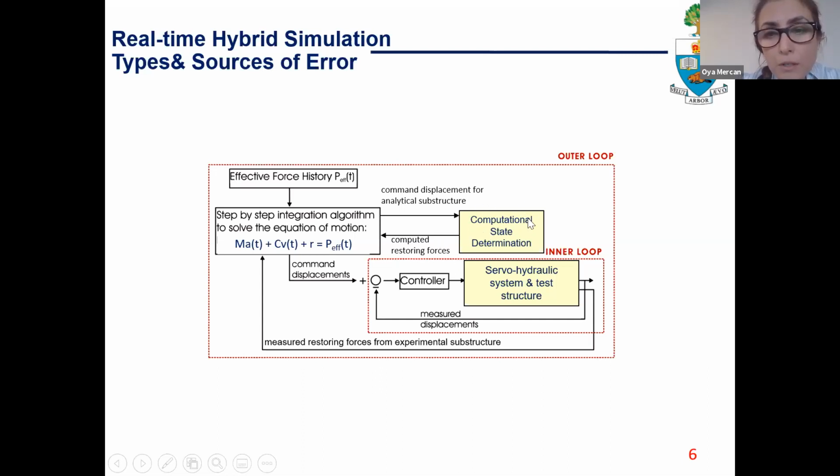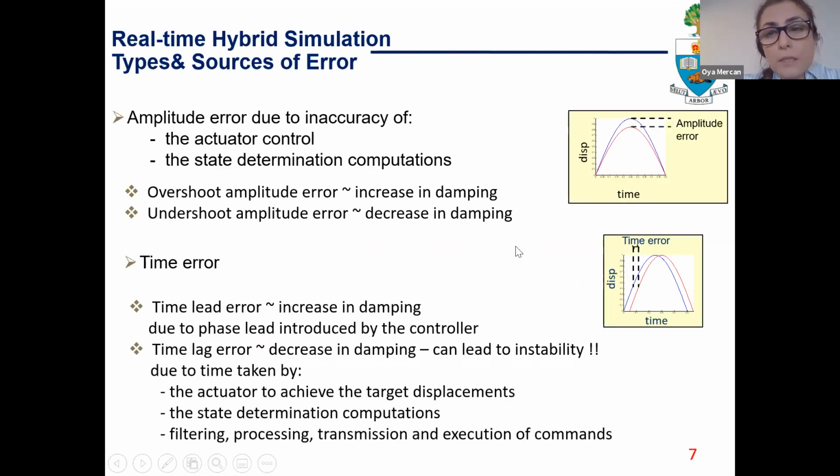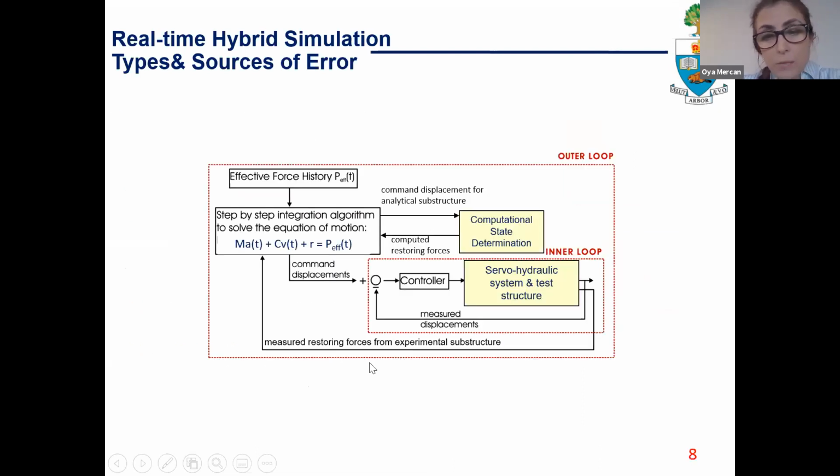This can be from analytical substructure or from the experimental substructure. If you look at these types of errors, we can broadly categorize them as amplitude errors and time errors. Amplitude error can be overshoot, undershoot, and time error can be lead or lag. And when we study them separately, we can see that the time lag error is the critical one, which has an effect equivalent to decrease in damping, and it can eventually lead to instability.